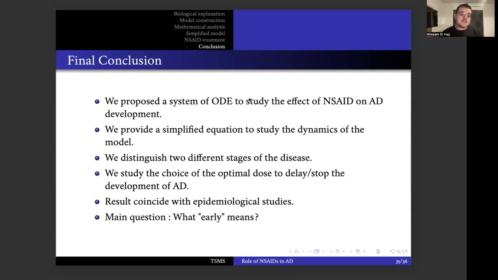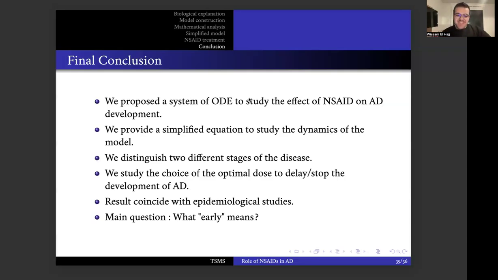The clinical studies contradict by saying that at an advanced stage, it is not helpful. Indeed, I have shown that it cannot solve the disease at an advanced stage. A treatment cannot solve the disease, but it can delay its development. So in all cases, the results coincide with epidemiological studies.